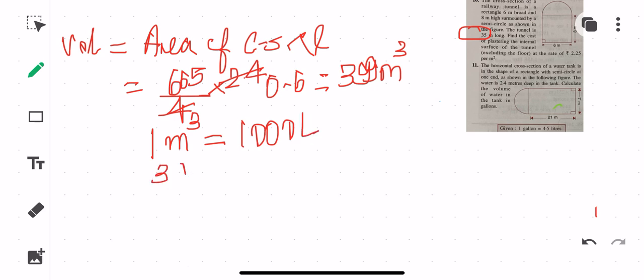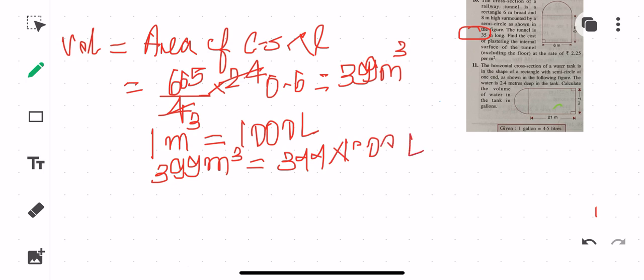So 399 meter cube will be equal to 399 into 1000 liters. Now you will be writing that 4.5 liter is equal to 1 gallon.